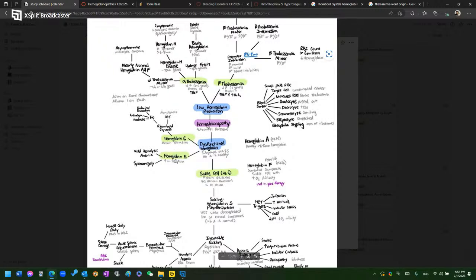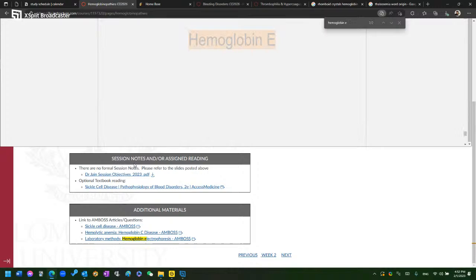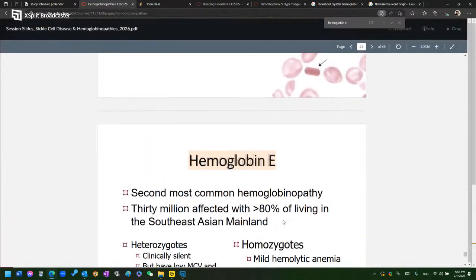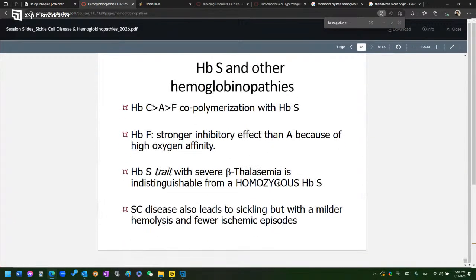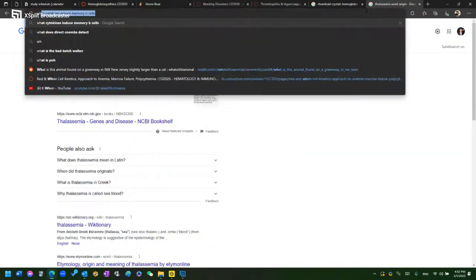There's also hemoglobin E, which he barely even focused on. I think he just didn't really care about it, right? So you can look into what hemoglobin E is.